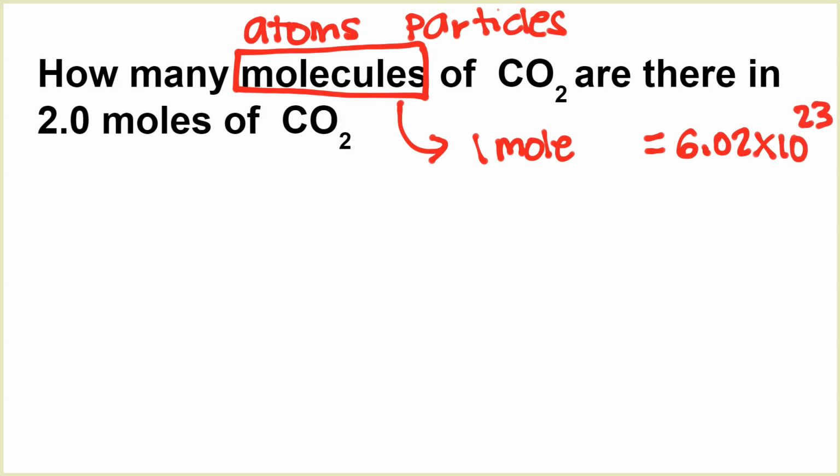What will be the unit? The unit will be whatever the keyword is, so this will be molecules of CO2. So this is 1 mole of CO2. That's our new conversion factor. Again, the keyword is particles, atoms, or molecules. You use that.